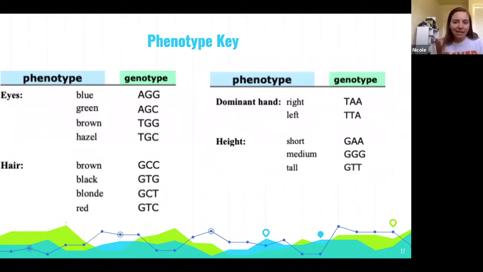And there are plenty of colors in between all of those distinct colors as well. So it's a little more complicated than just one triplet, but we're going to make it simple so that you don't have to make a really long strand of DNA for yourself. So here is our phenotype key that you all should have a copy of. And we are just going to do these 4 categories in our examples.